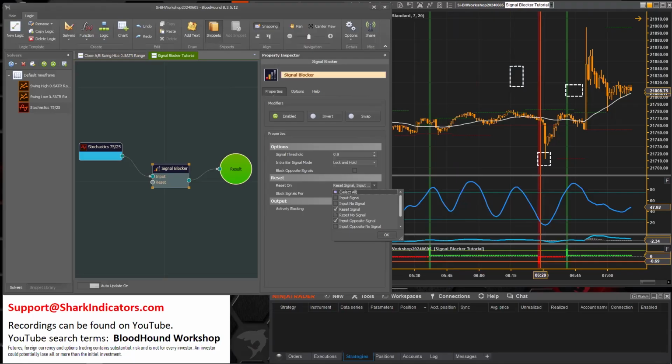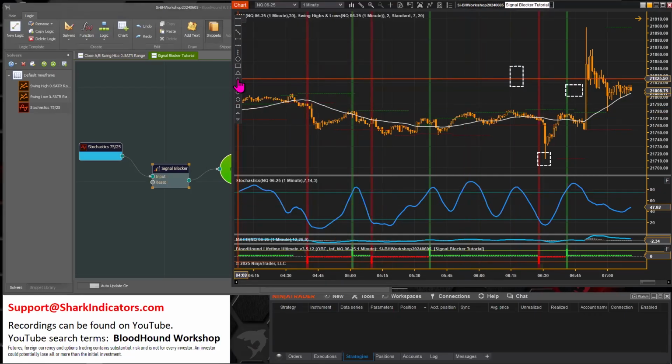So this short signal is what reset the blocking of the long signals. And so when this next long signal came in, the signal blocker was no longer blocking long signals, so this long signal got through there. All right. So there are other resets here that we can use to allow these long signals back in. Let me put a little arrow there.